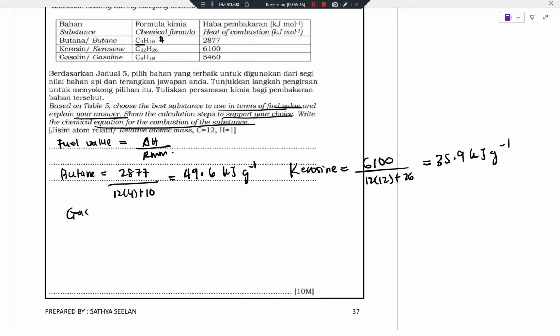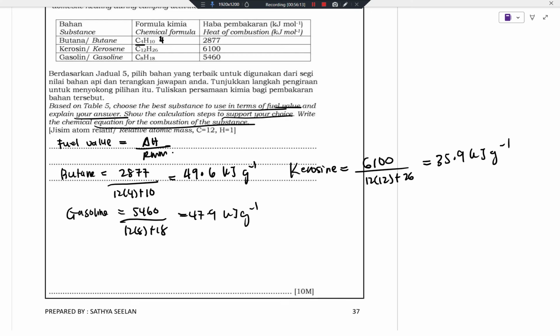Gasoline: 5460 divided by the RMM of C8H18, 12 times 8 plus 18, which gives 47.9 kilojoule per gram.